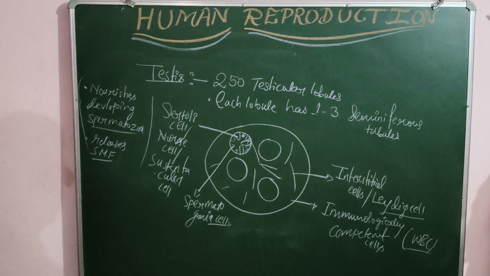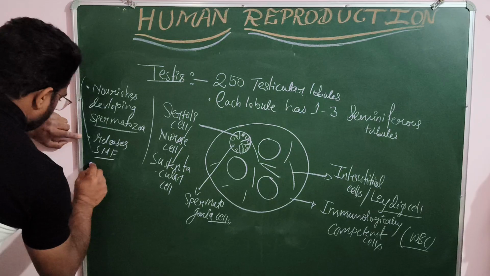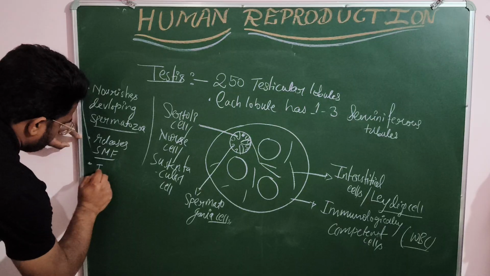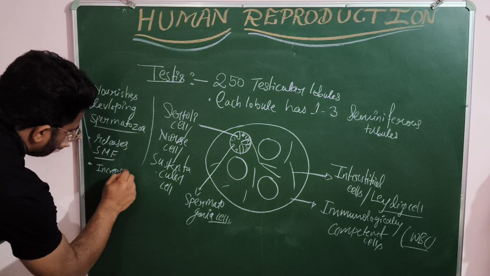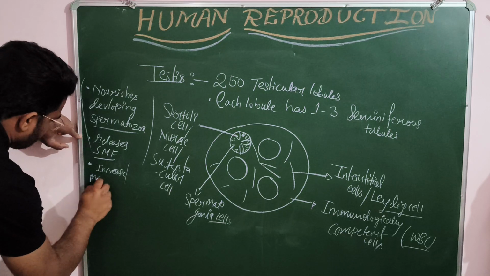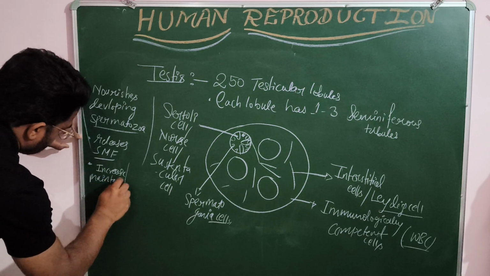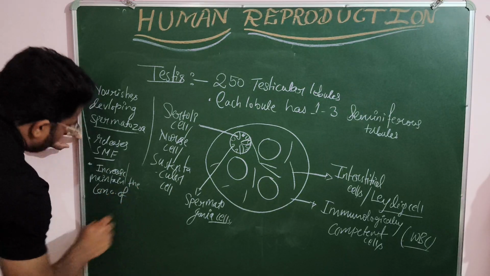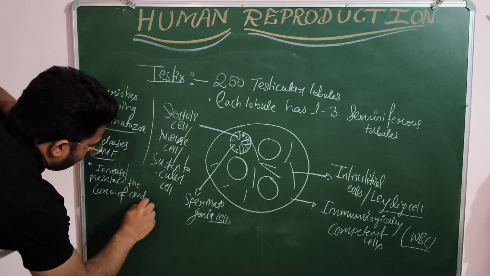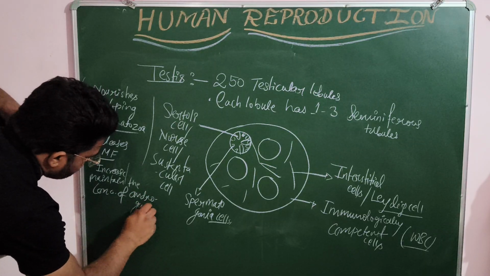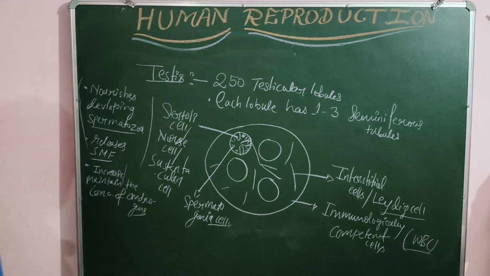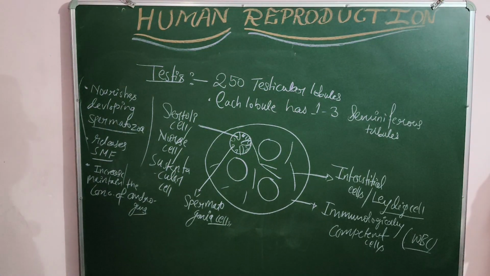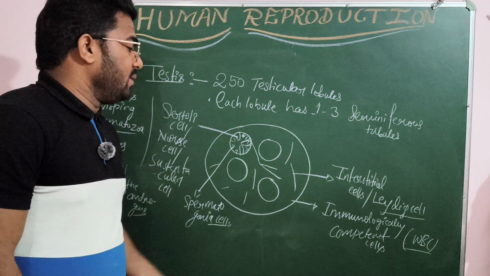It also increases, or you can say maintains, the concentration of androgens, to facilitate the process of spermatogenesis rapidly, right? So these are the details of Sertoli cells, or we can say the seminiferous tubules.